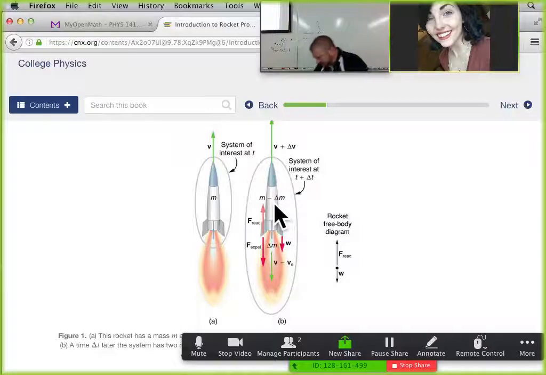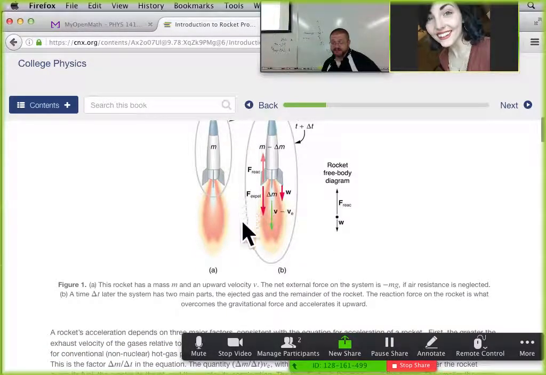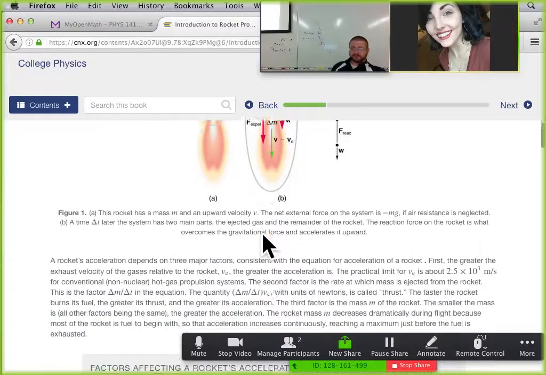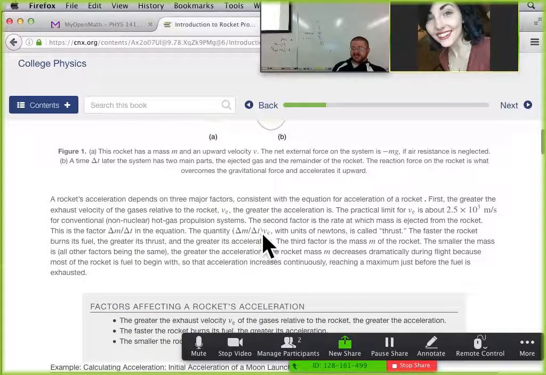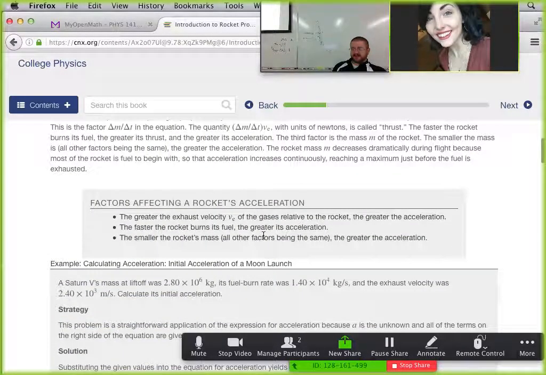Why is that? Because it's combusting, expelling. That's right, it's burning fuel, and that burnt fuel is getting shot out the back in the form of this plasma fireworks display, and that has mass. All the mass of the fuel that burns is going out the back. So it is changing its mass all the time. So you do have to know that delta M factor.